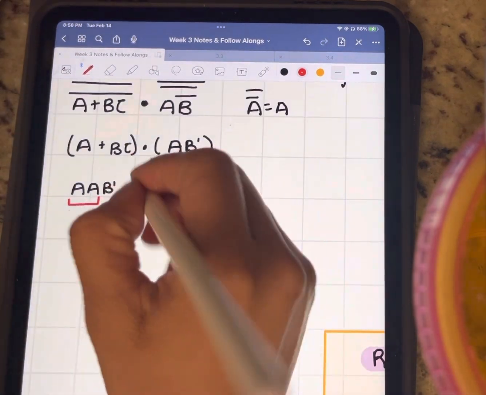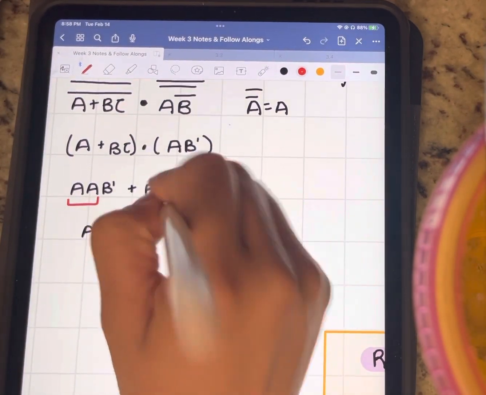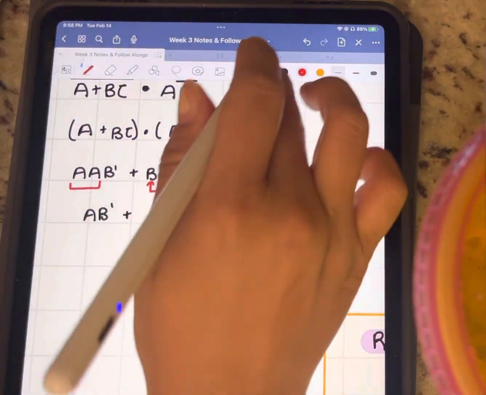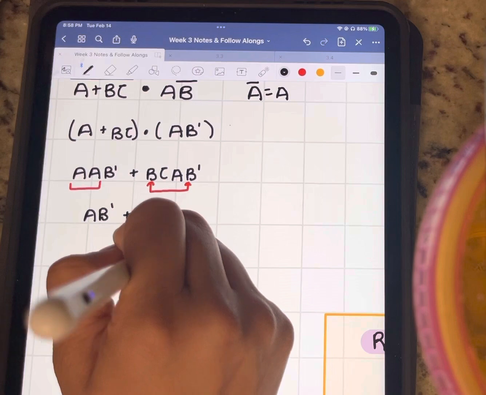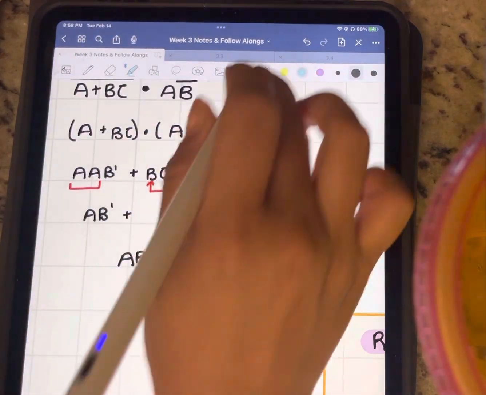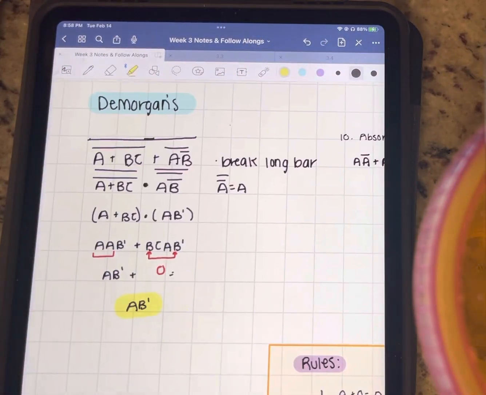So this whole thing is going to be 0. And then we can simplify this further, just rewriting it without the 0. And that is going to be our final answer.